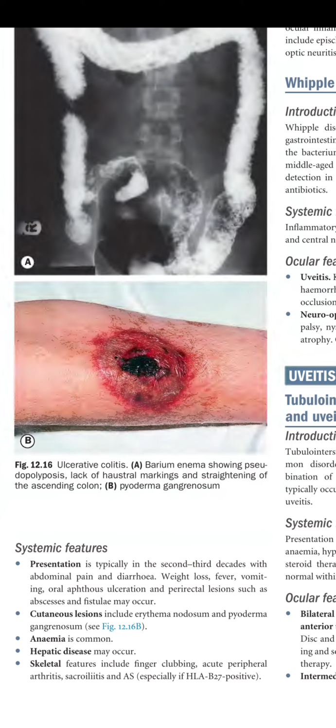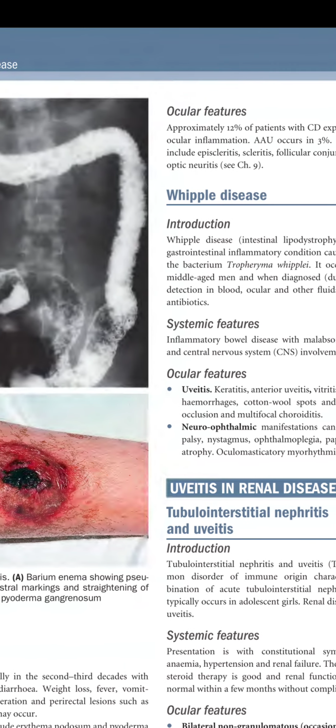Cutaneous lesions include erythema nodosum and pyoderma gangrenosum. Anemia is common. Hepatic disease may occur. Skeletal features include finger clubbing, acute peripheral arthritis, sacroiliitis, and ankylosing spondylitis.